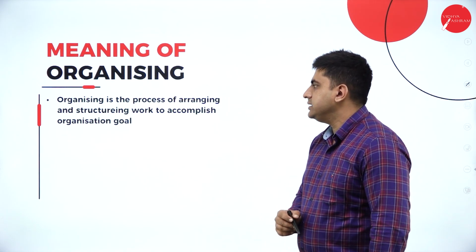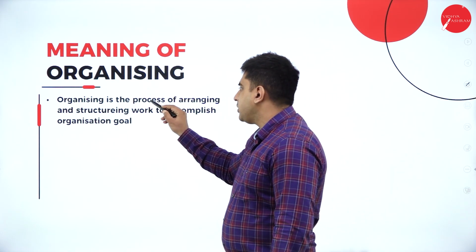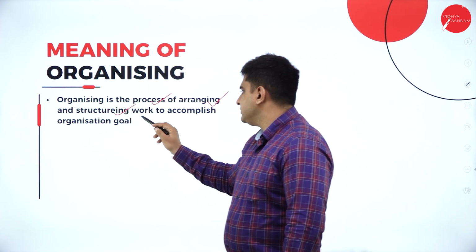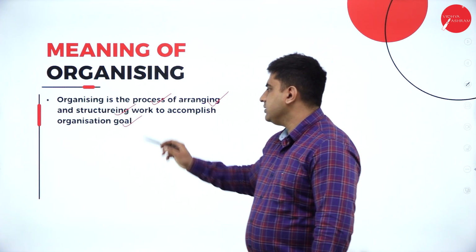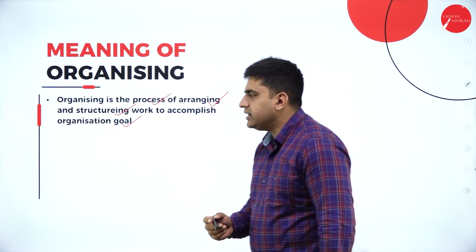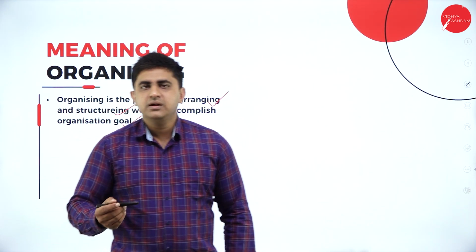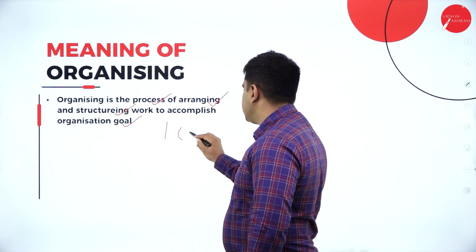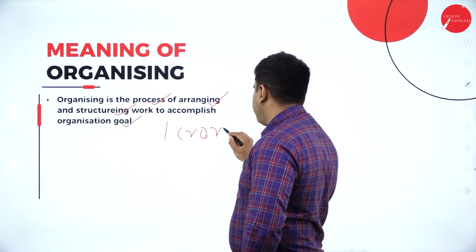So next we will see the meaning of organizing. Organizing is the process of arranging and structuring work to accomplish organization goals. So what is the meaning here? For example, your organization goal is to make 1 crore profit.